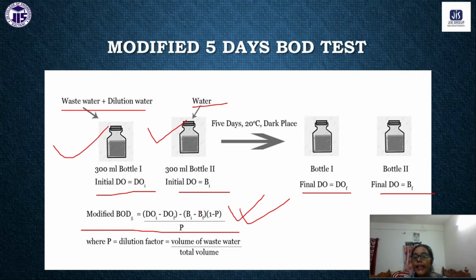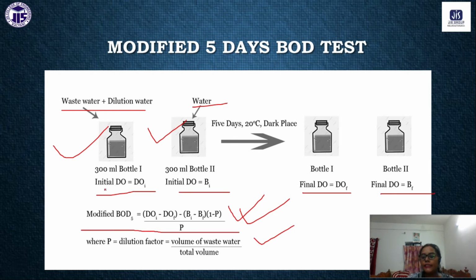And BI minus BF is the BOD of bottle 2, that means it gives you the BOD of the water. So total BOD minus water BOD. So what you will get? You will get the actual BOD of the wastewater, divided by 1 minus P, where P is again the dilution factor, that is equal to volume of wastewater divided by total volume.